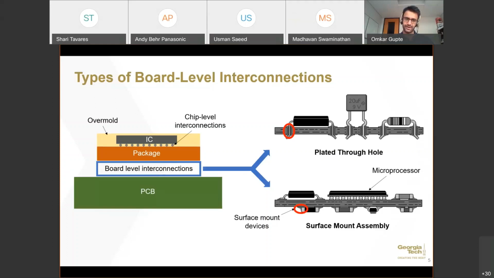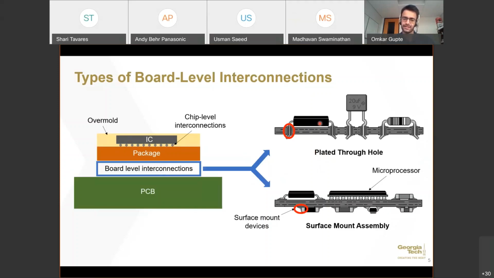So to start off, I'll talk about the two different types of board level interconnections. The first is what is called the plated through hole, which was used in the late 1900s, more or less, and is still being used, but not to a large extent.